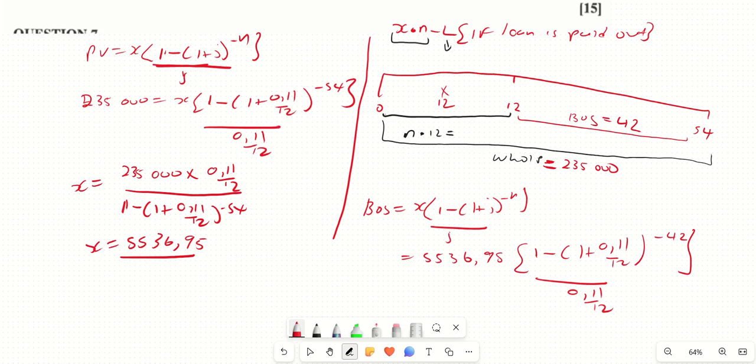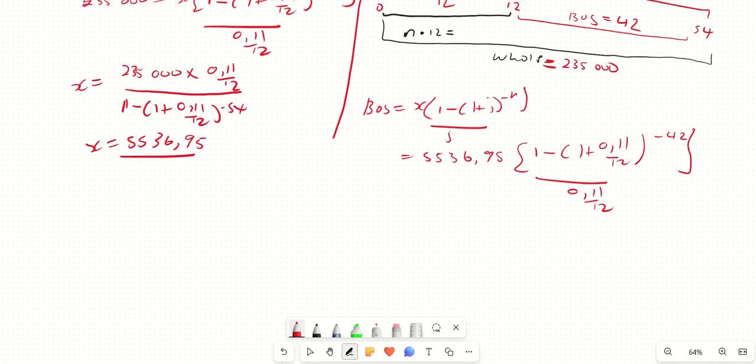The balance outstanding is 192,296.1954. That is the balance outstanding, this portion here. We want to know this portion, so we do this minus that.